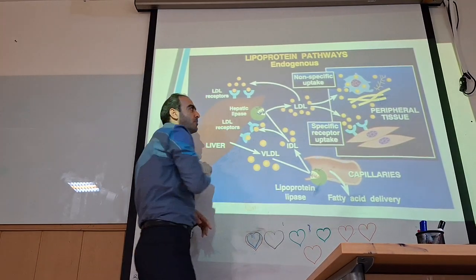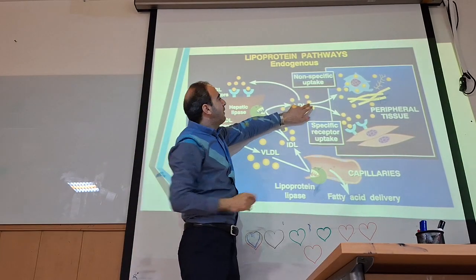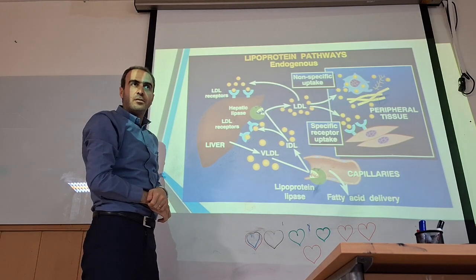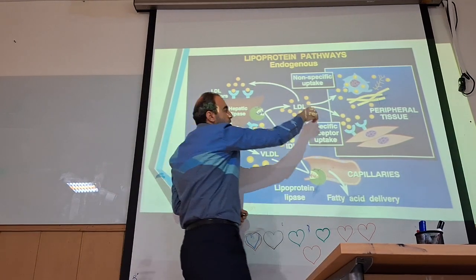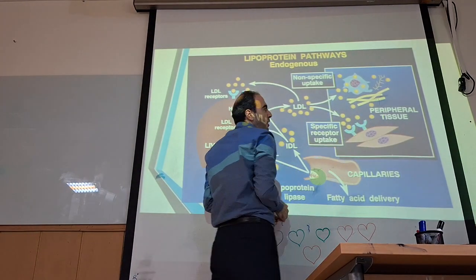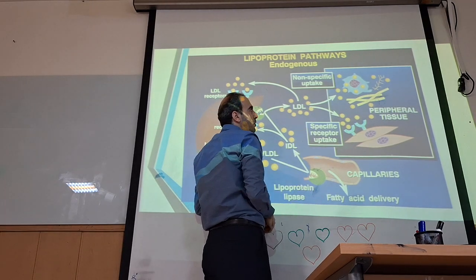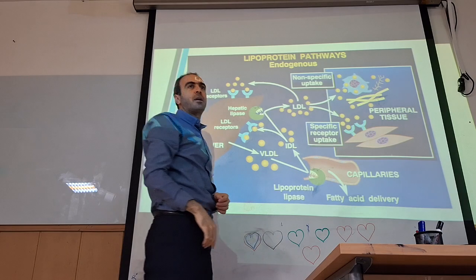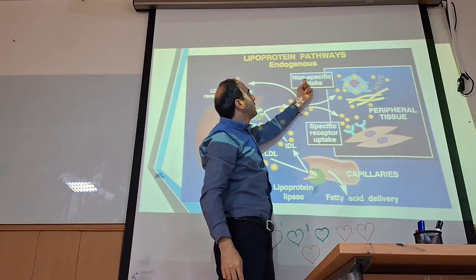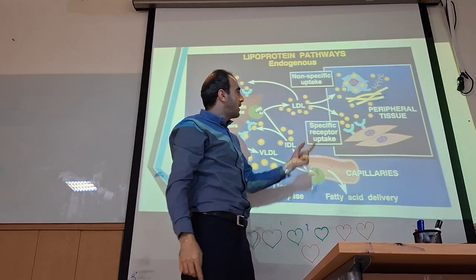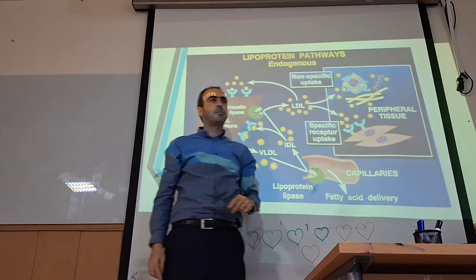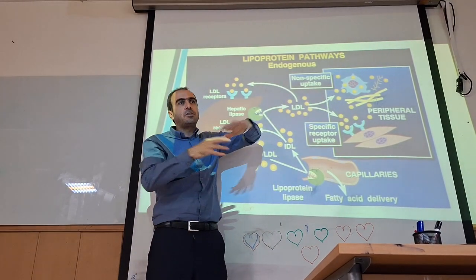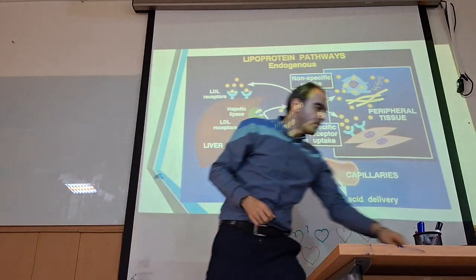LDL itself has two fates. One goes back to the liver, the second goes to the extrahepatic tissue, which can occur through two different mechanisms. One is non-specific uptake, and the second is specific receptor uptake. But it's similar, it doesn't matter, it's just related to the uptake.